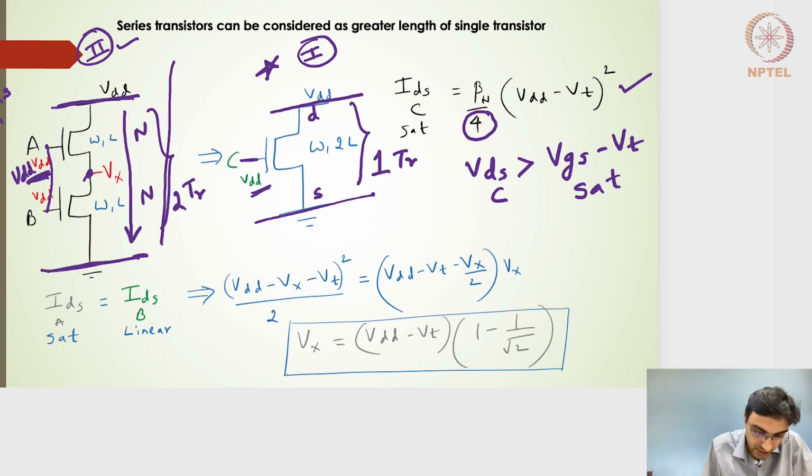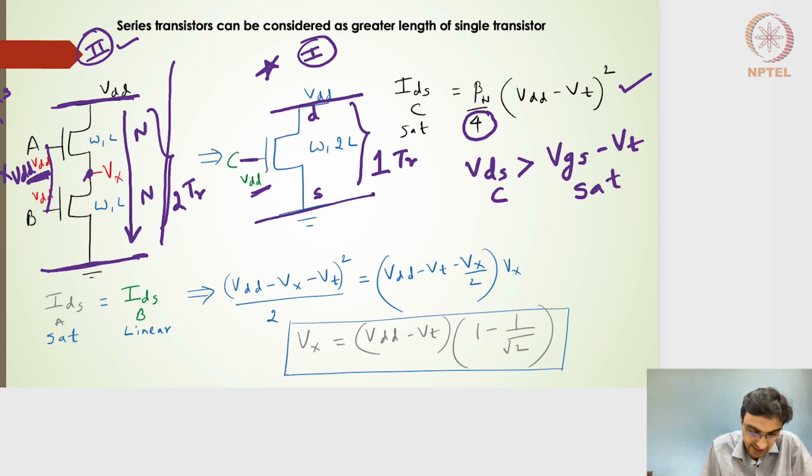The input applied to transistor A is VDD. So the VGS value for transistor A is VDD minus Vx.